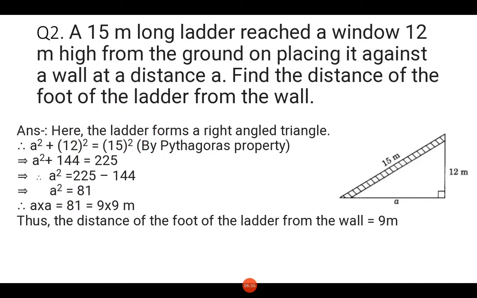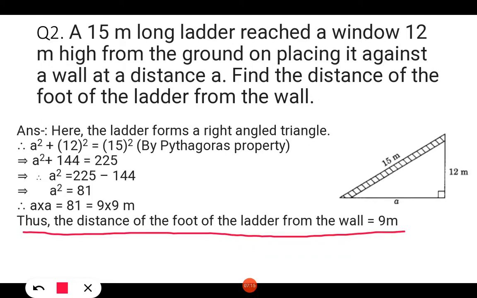Now a square can be written as a multiplied by a and similarly 81 as 9 into 9 meter. So from here the value of a is 9 meter. Thus the distance of the foot of the ladder from the wall is 9 meter.